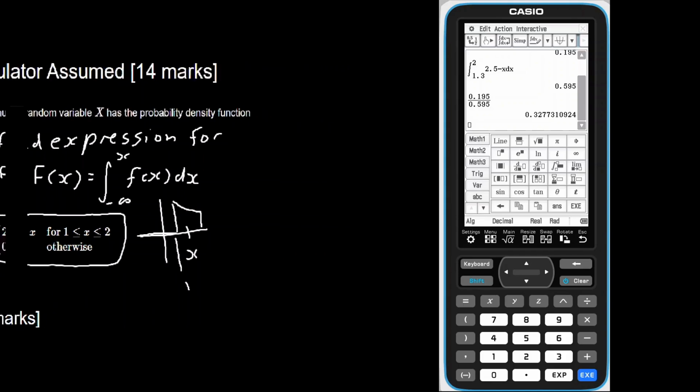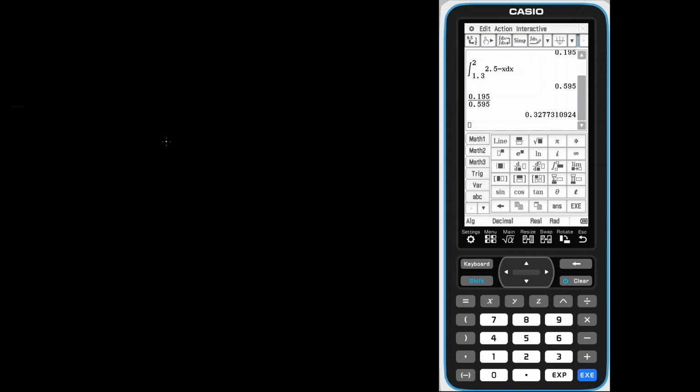And so I'm just going to scroll over to here to give myself more space. Now, what we can say is that the integral from 1 to x, given that x is less than or equal to 2, is now just going to be 2.5 minus x.